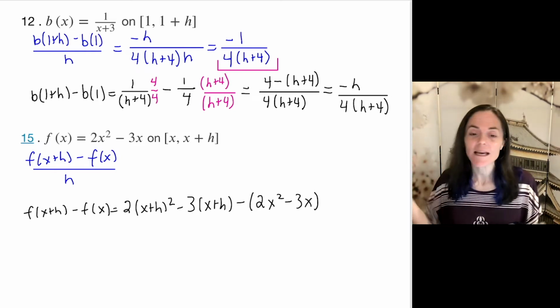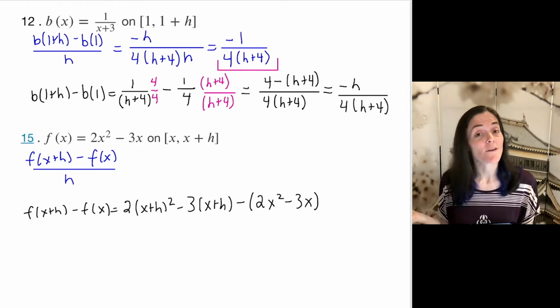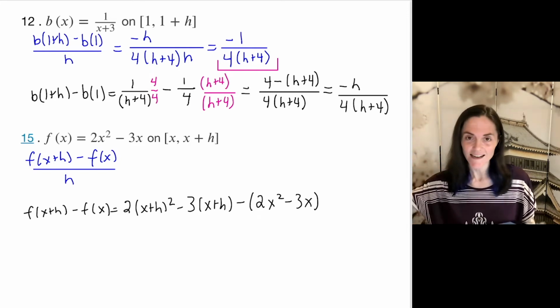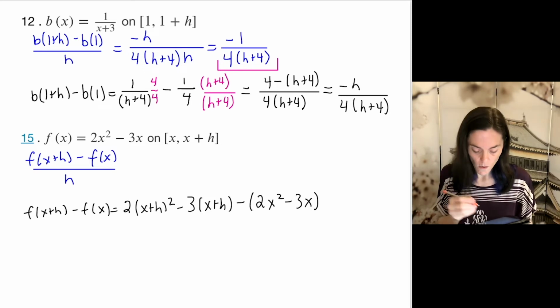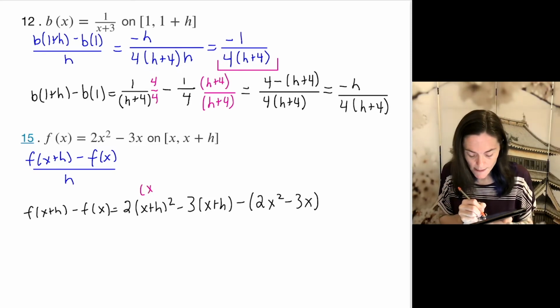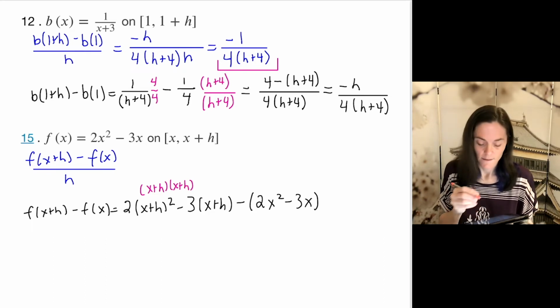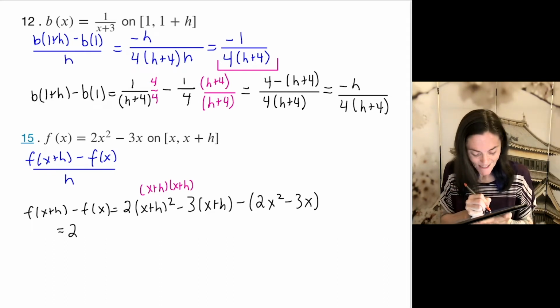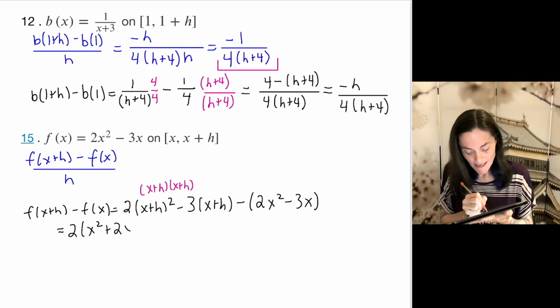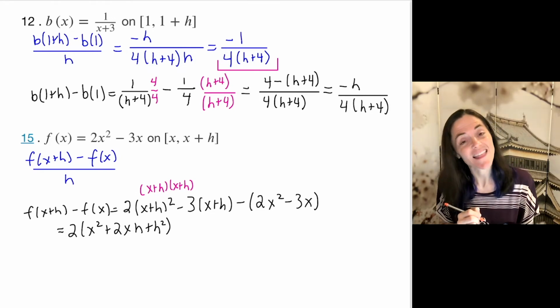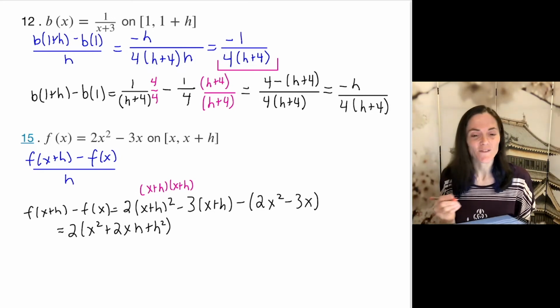Now, as we have done in multiple problems, I need to simplify this until it's h times something. This is my goal. And this part you see is (x plus h) times (x plus h). We have 2 times x squared plus 2xh plus h squared. This is very similar to one that we did earlier in this video.